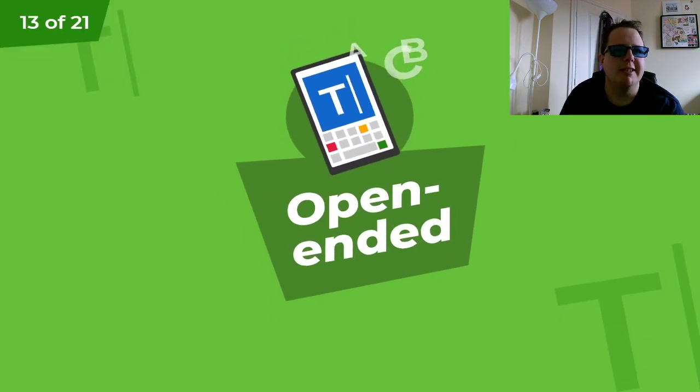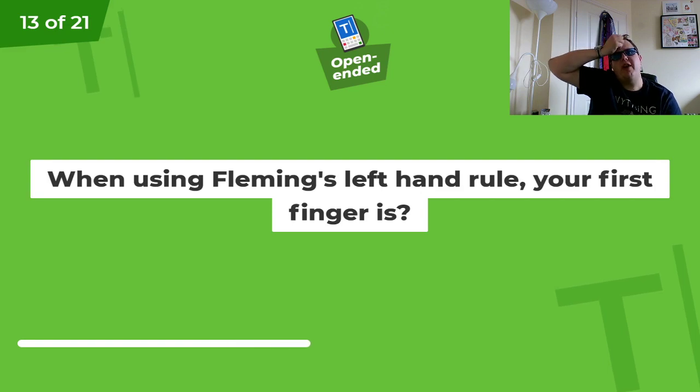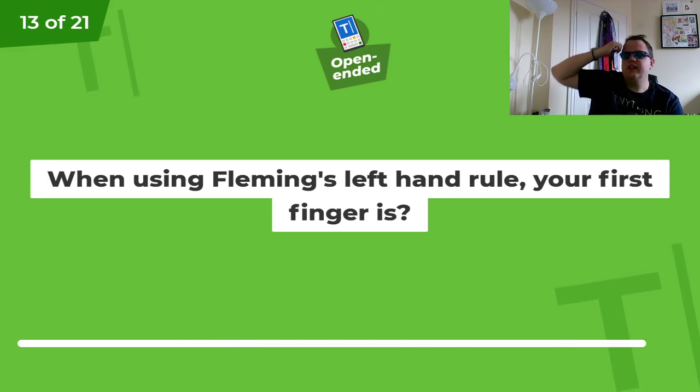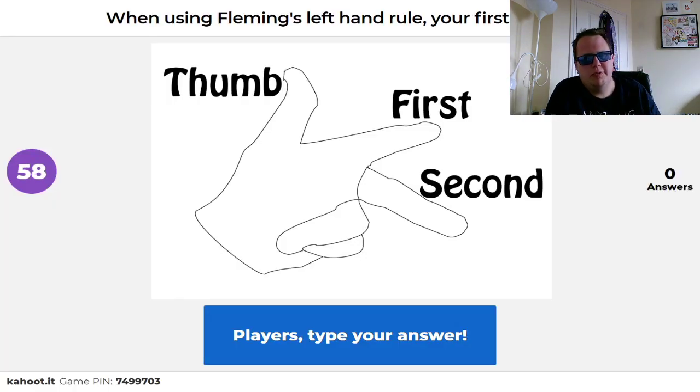Oh dear. Okay, right. So when using Fleming's left-hand rule, your first finger is what?